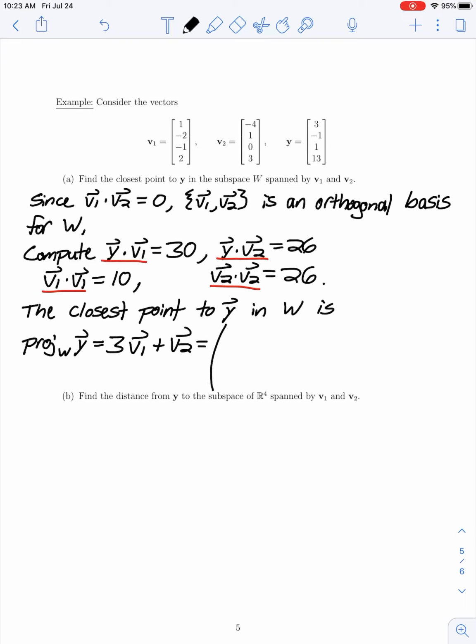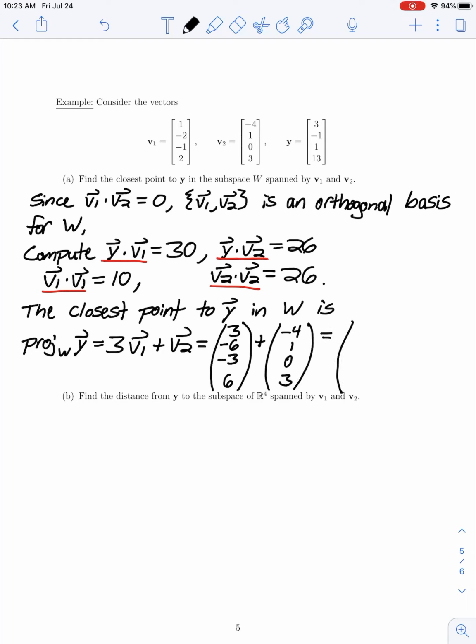So let's see what we have. Our first vector, we're taking 3 times that vector, so we would have 3, -6, -3, 6. And then we are adding the vector v2, which was -4, 1, 0, 3.